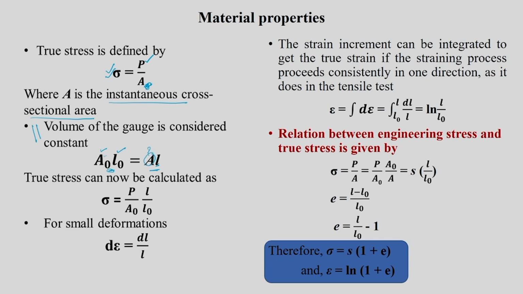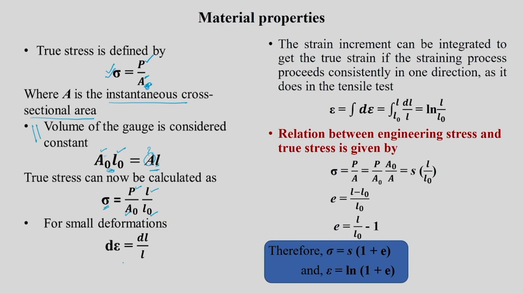A is A naught L naught divided by L, so sigma is P by A naught into L by L naught. A naught L naught by L, so L goes to the numerator. So, P L by A naught L naught is going to be your sigma. I can get true stress now, because P is known, A naught is known, L naught is known, and L can be calculated at each and every level of deformation.